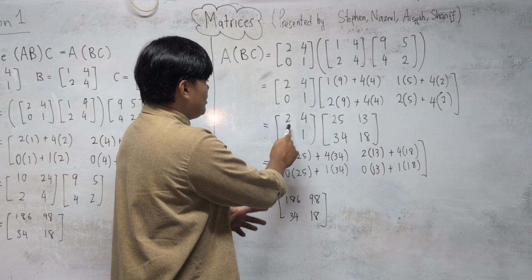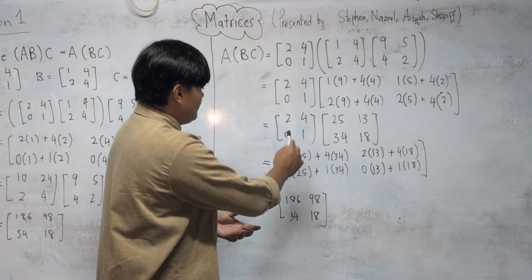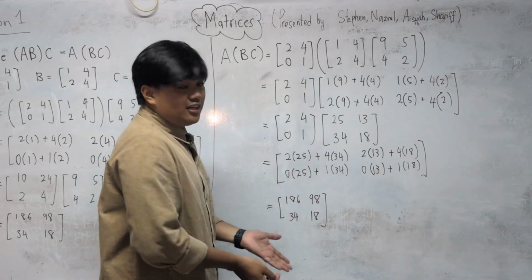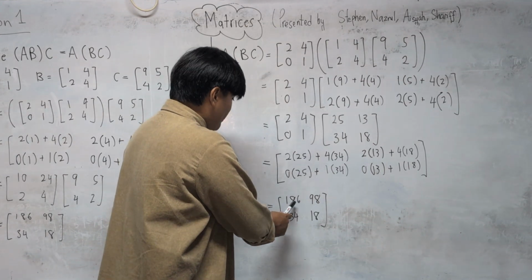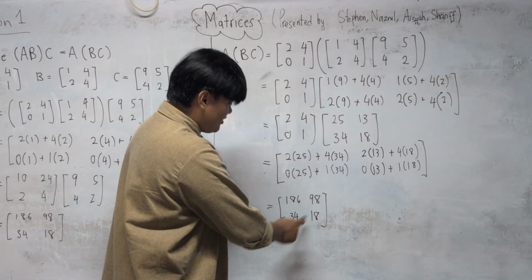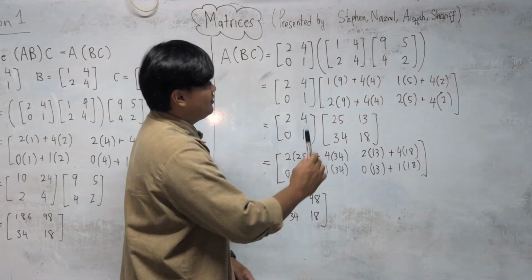Then we multiply with matrix A. And after that, we finally got the same answer, which is 186, 98, 34, and 18.